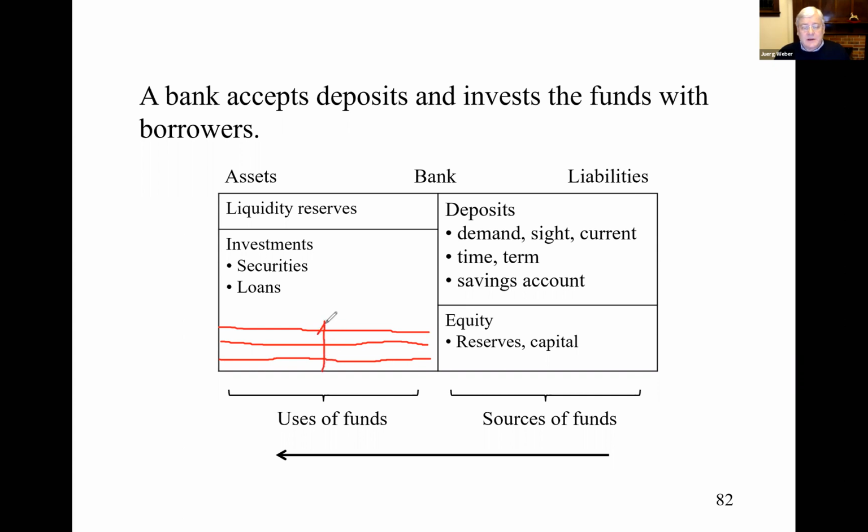The banks lose money on their loans. Now, if it's really serious, now suddenly the assets of the bank are smaller than the liabilities of the bank, and then the bank is insolvent.